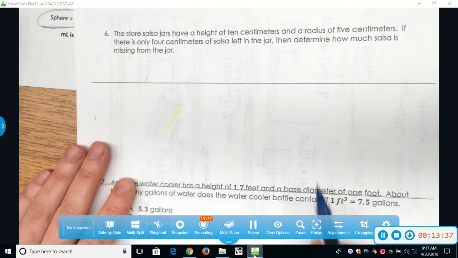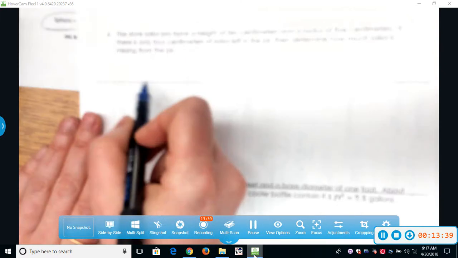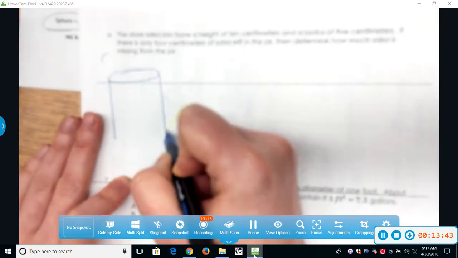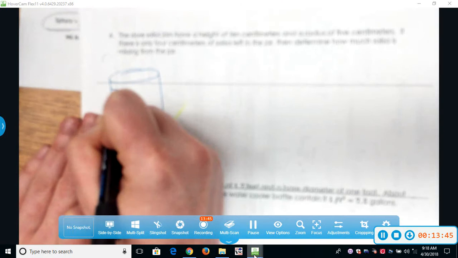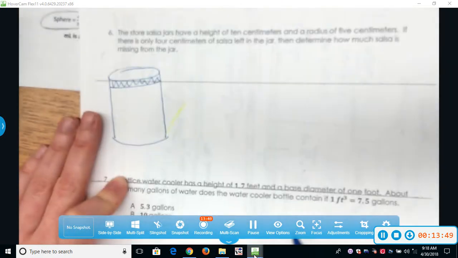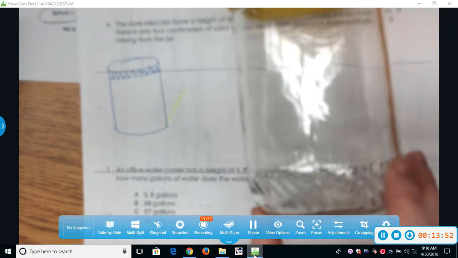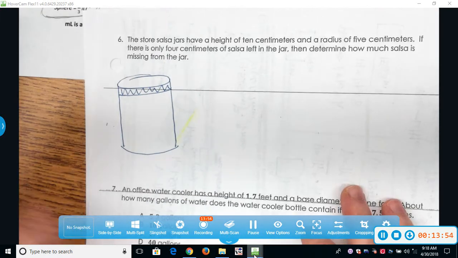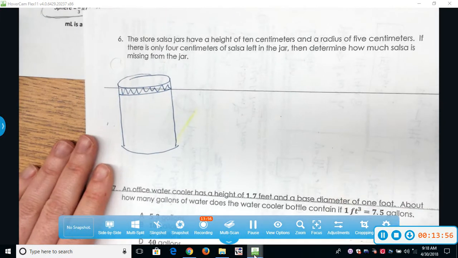All right, so store salsa jars have a height. Okay, I'm going to draw a salsa jar. Don't have to be a good drawer. There's my salsa jar. Here's another example, even though it's a peanut butter jar.